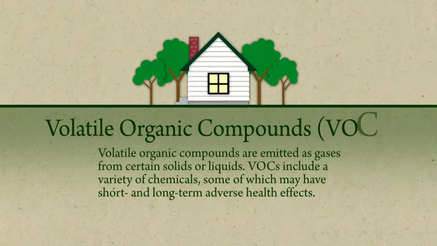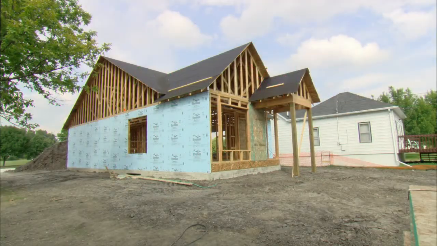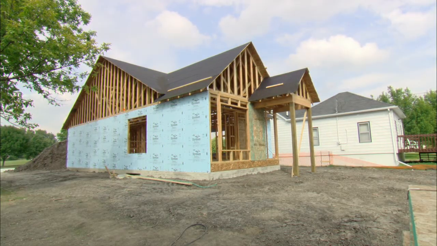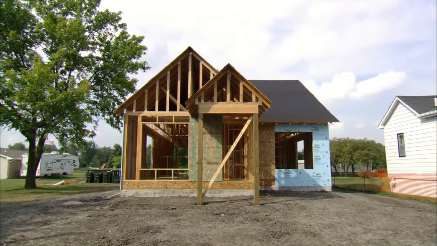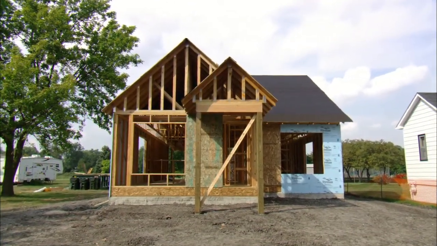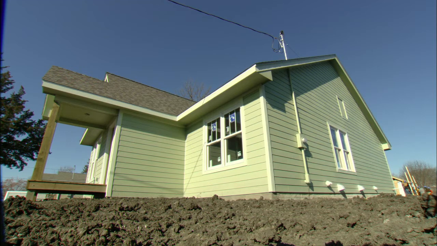Most of those materials have a high VOC content. So you need to work with subcontractors to make sure they're aware of that issue too. Sealants on the outside also have high VOCs. They're not as important to get a low VOC content though, because it's outdoors and it's not trapped inside your home. So that would be an area that you don't necessarily have to have low VOC materials.